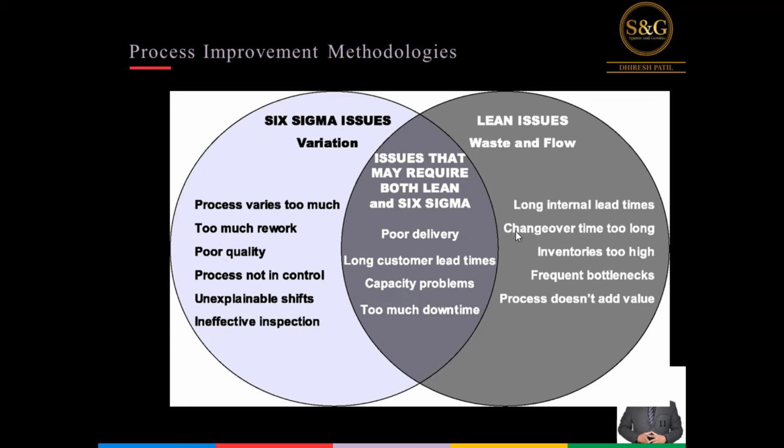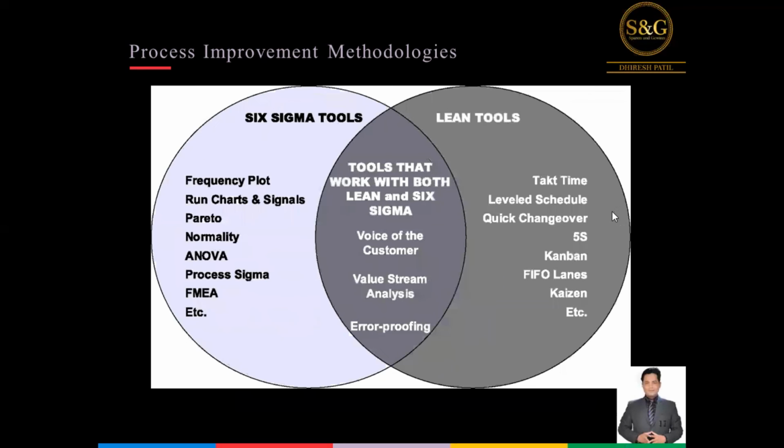And when there are long internal lead times, changeover time is too much, inventories are too high, frequent bottlenecks, and the process does not add value, if these kinds of symptoms are there, we generally go for Lean concept implementation. But together, we can attack poor delivery challenges, longer customer lead times, capacity problems, and downtime issues. So together, we can solve these issues.